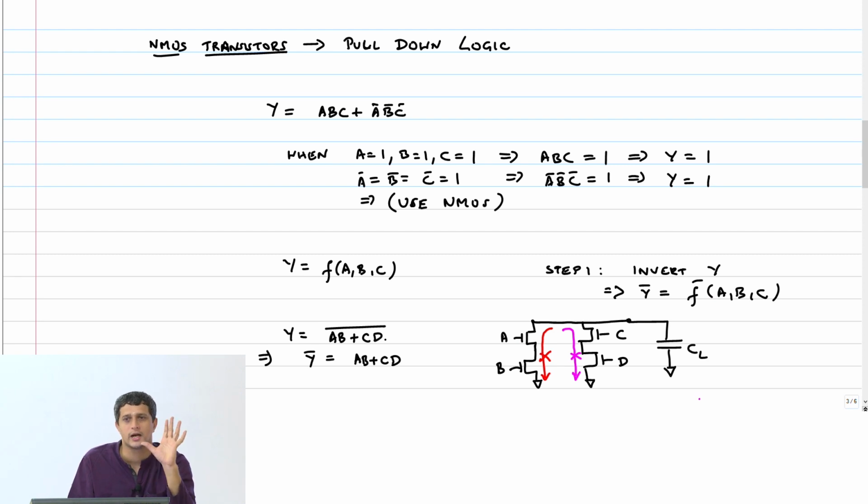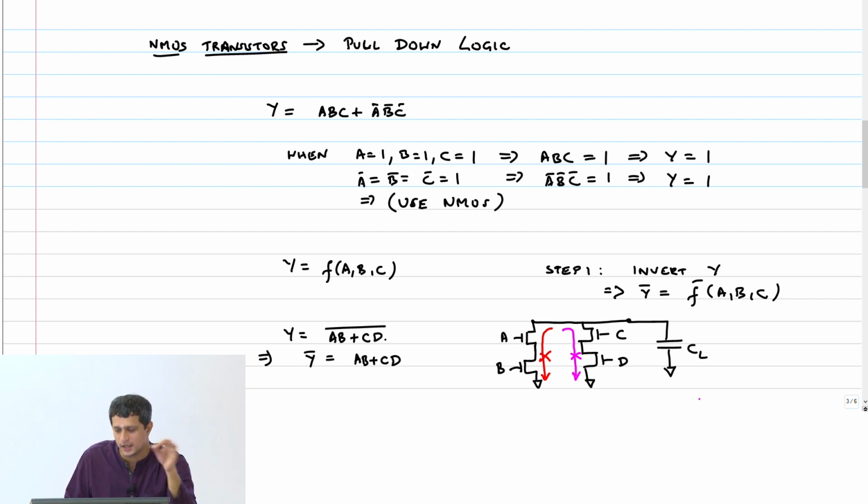Then the output on the capacitor is just held as it is. And this is known as a high impedance state. Why? Because there is a very high impedance from the capacitor output to any of the rails. And therefore the capacitor voltage is supposed to hold its value there till infinity if there is no leakage current.